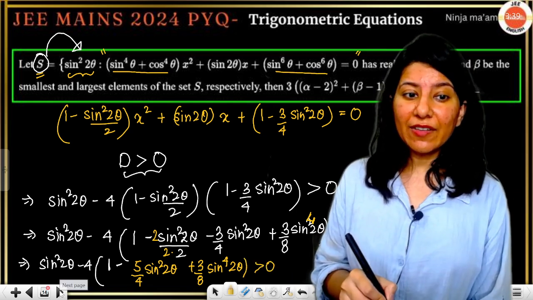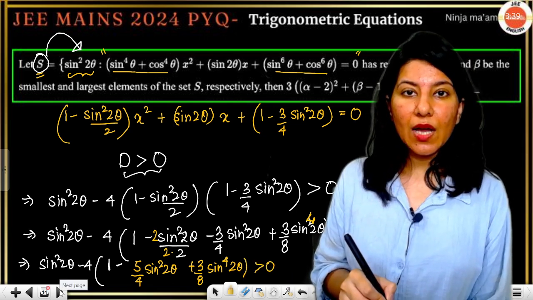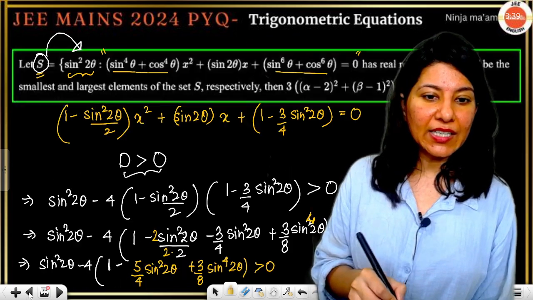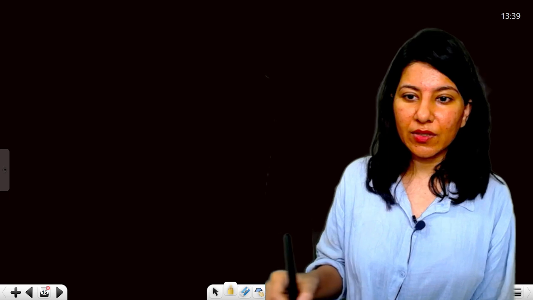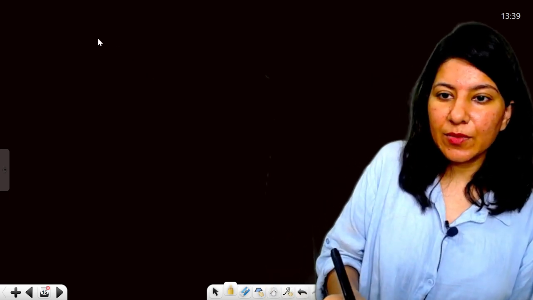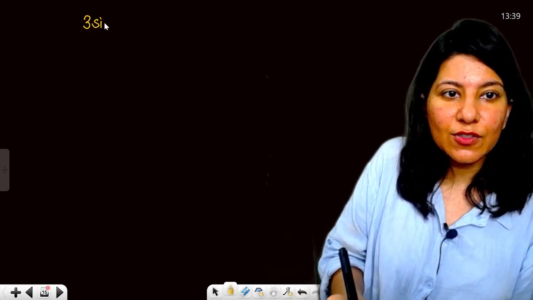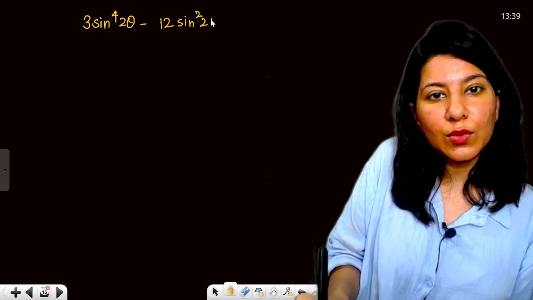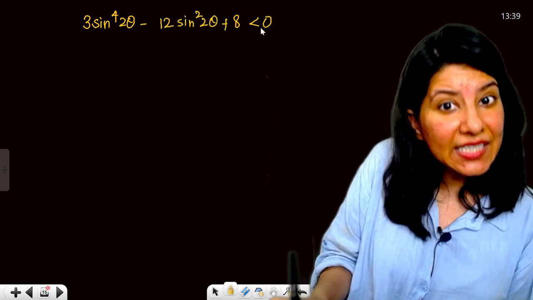Now, if you simplify this, you will get a power 4 equation in sine 2 theta. The final equation that you're going to get from here will be 3 sine raised to power 4 2 theta minus 12 sine square 2 theta plus 8 should be less than 0.